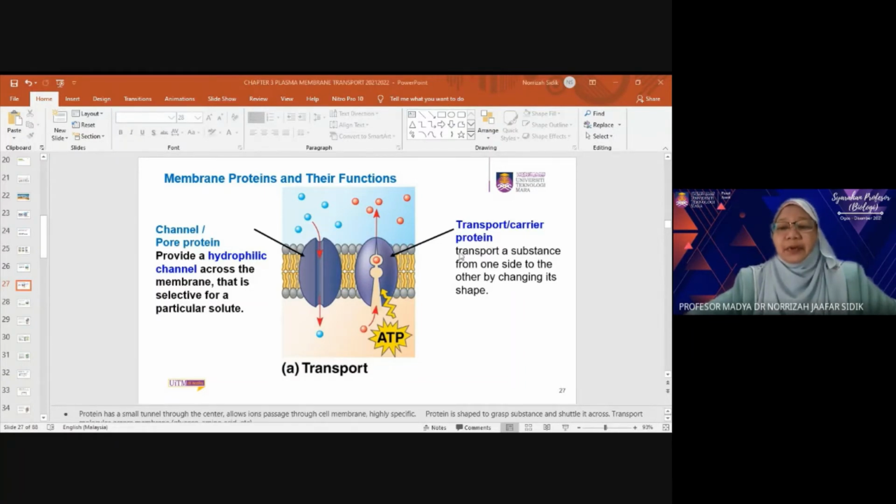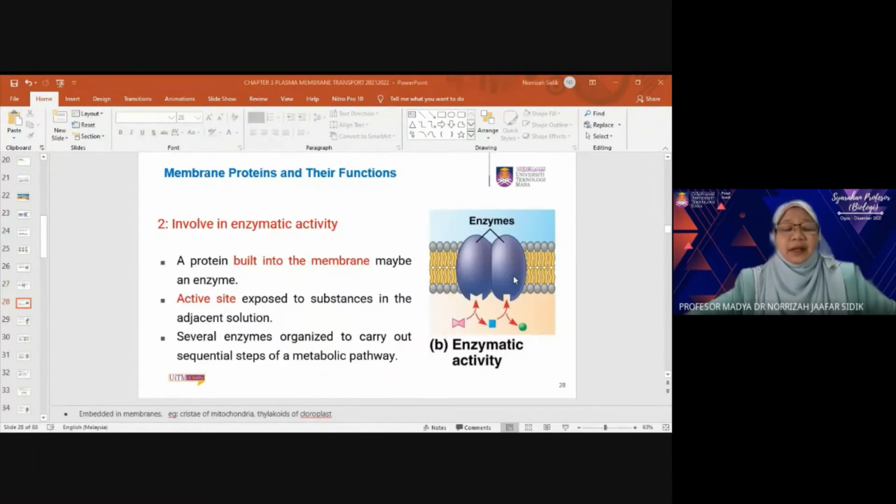Whereas the carrier protein transports a substance from one side to the other by changing its shape. So that is the channel and carrier transport proteins.